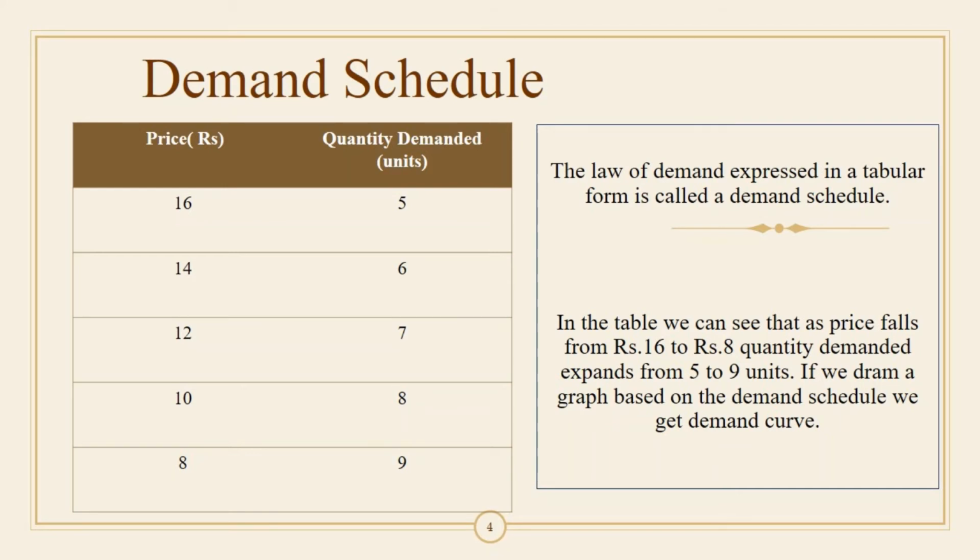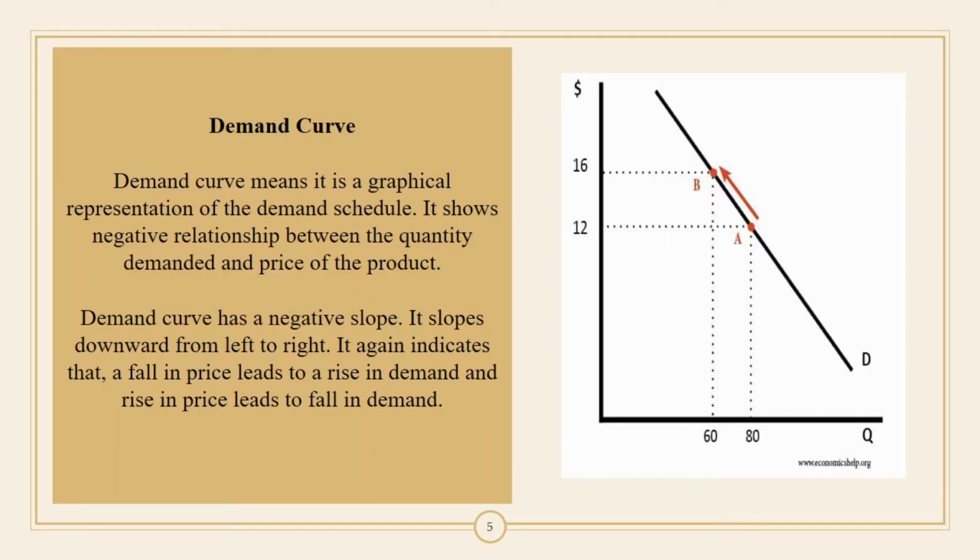If we draw a graph based on the demand schedule, then we will get the demand curve. Demand curve is a graphical presentation of the demand schedule or the law of demand. It shows a negative relationship between quantities demanded of a product at various prices.